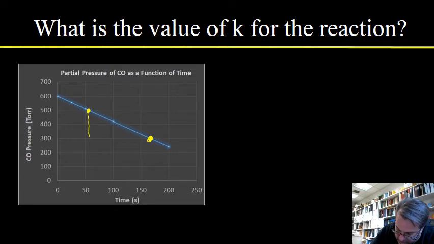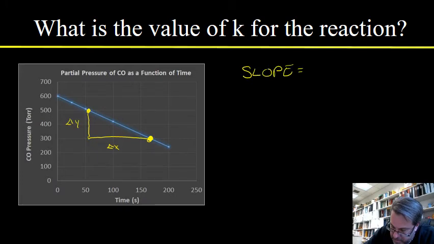So then to find the slope, just look at delta y, delta x. And like in first order reactions, the slope is negative k, right? Because the slope is negative and k is always going to be positive.